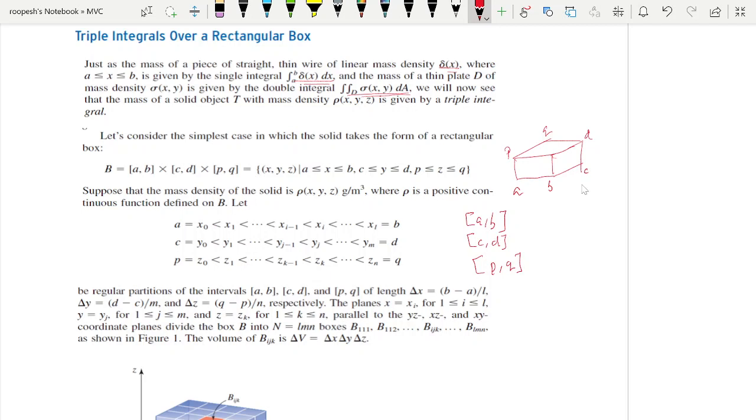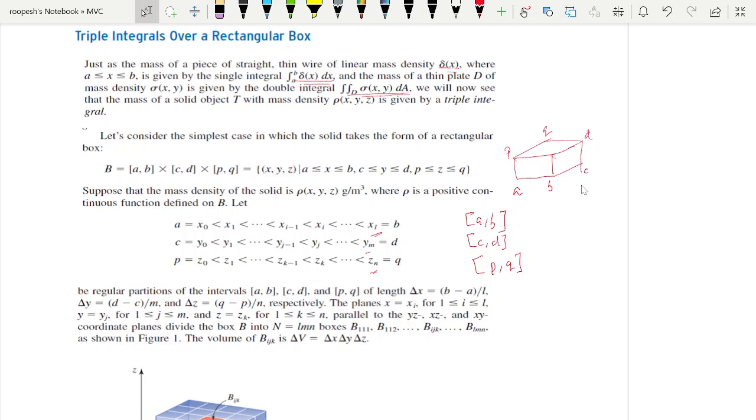So we have x0 less than x1 less than ... xi minus 1 less than xi ... less than xl, so the last point is xl, and xl equals b. Similarly, the interval cd is partitioned into y0, y1, y2, etc., ym, and pq as z0, z1, z2, etc., zn.